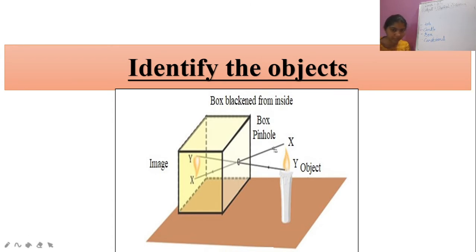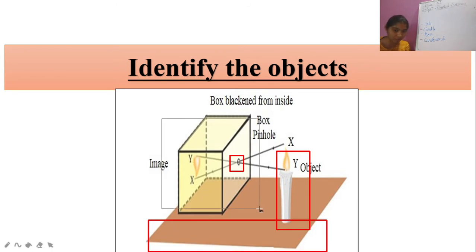Firstly, we identify a candle which is burning, right? And we can find a small hole. We can find cardboard, a box, right? So students, we also see an image of the burning candle flame, right?